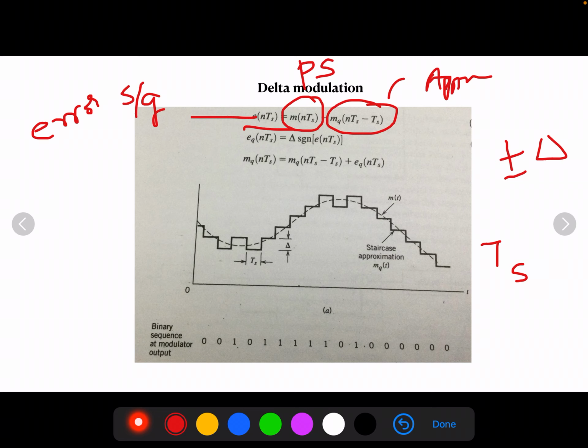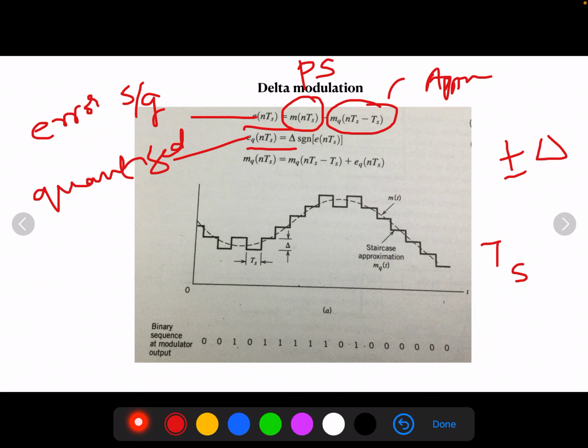mq(nTs - Ts) is the latest approximation, and eq(nTs) is the quantized version of e(nTs). The quantizer output eq(nTs) is finally coded to produce the desired delta modulation signal.